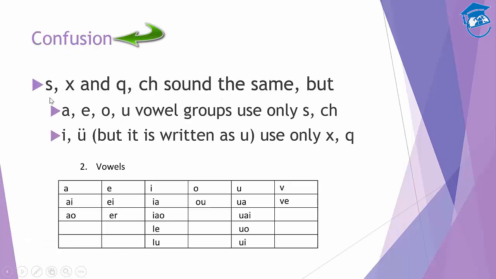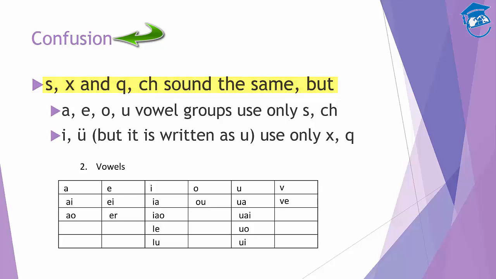One of the confusion you have here is the same sound between the letter S and X and Q and CH sound, because these two, they are sound as s, and then these two is sound as ch. But there's difference between the two when they are using the vowels.